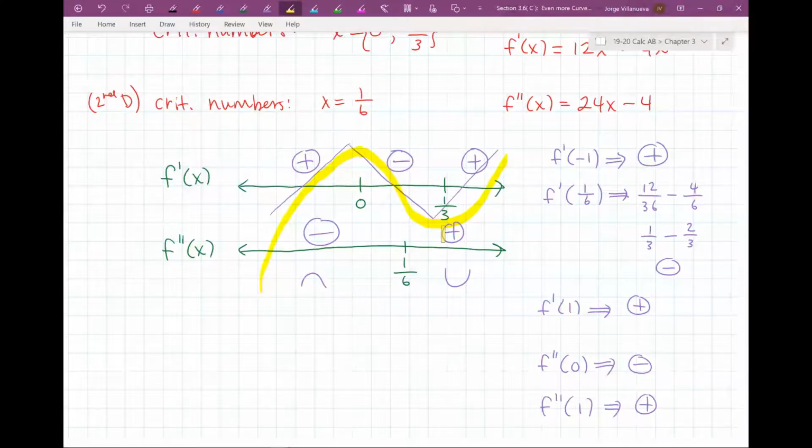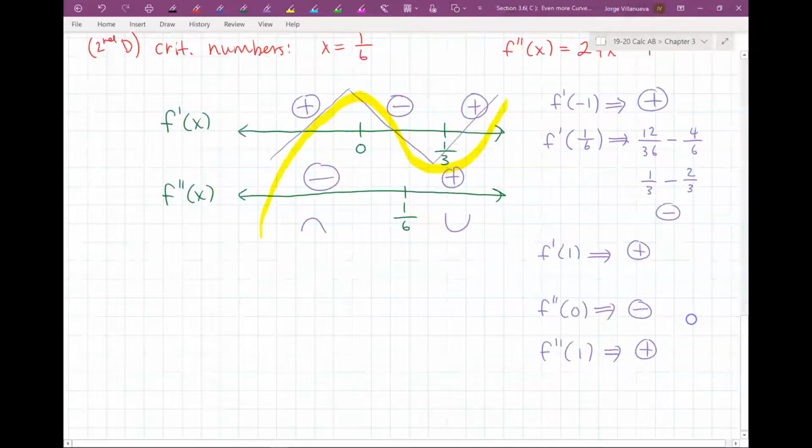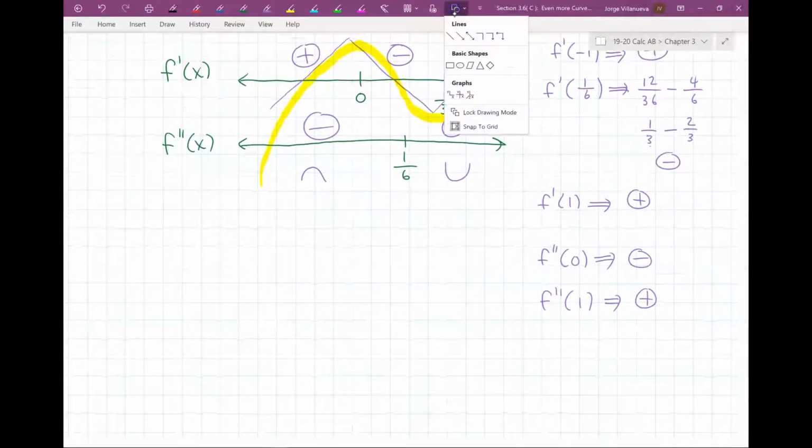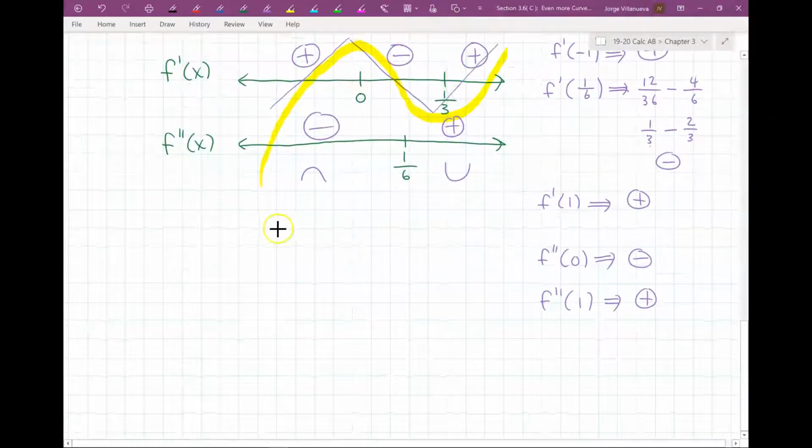Okay, so it rises up to 0, concave down. And then from 0 to 1/3, it goes down, but it's concave up. And then from 1/3 on, it goes up, and it's concave up. Okay, this is why I like to put those two sign graphs together, because it helps me see what's going to happen. Now, to really solidify what I'm about to do, I'm going to have to graph this thing.